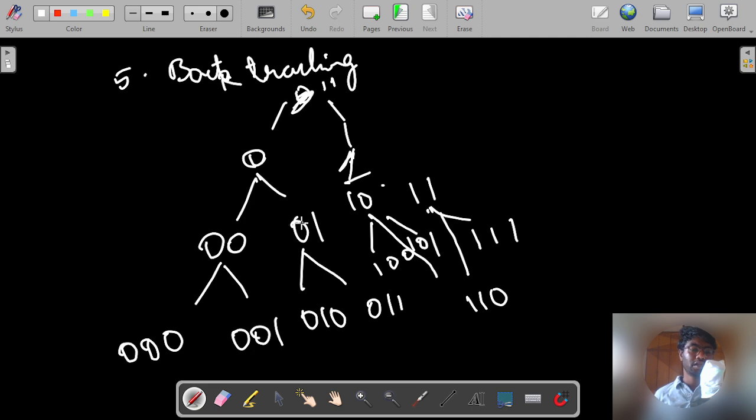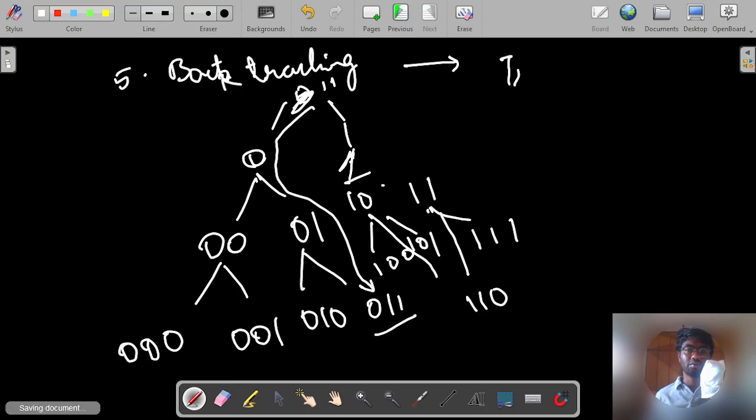And let's say if we are asked to find a value of 0, 1, 1, then we can say that this is an optimal path, right? If this doesn't lead anywhere, then we can backtrack, come back here and generate it. So backtracking is like trying all possible options.